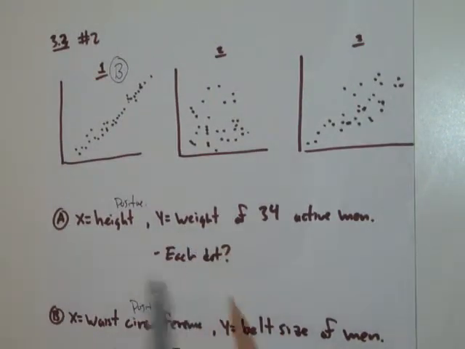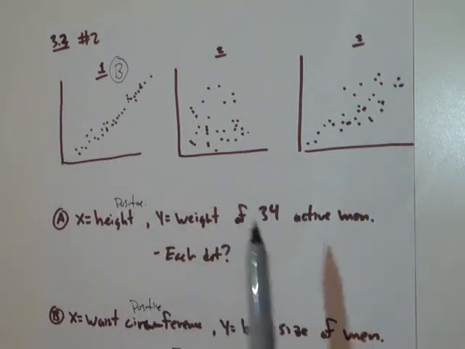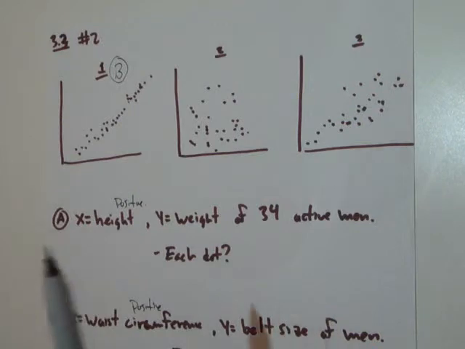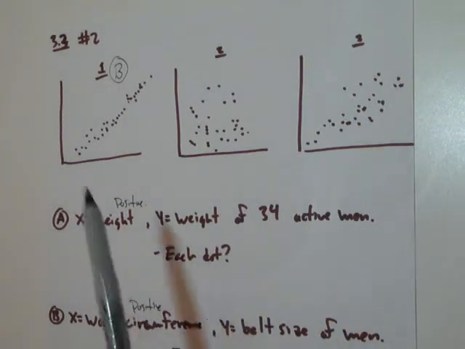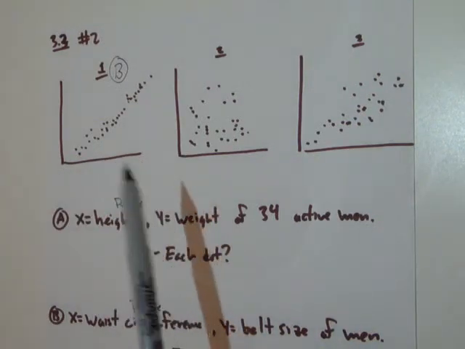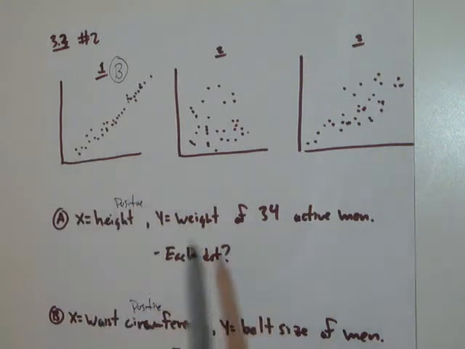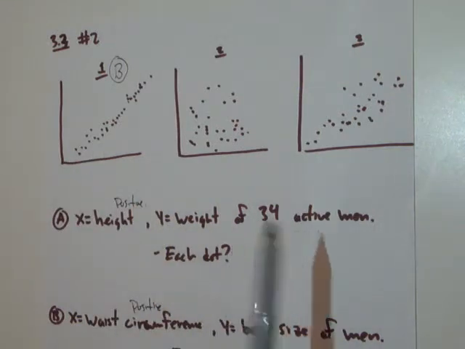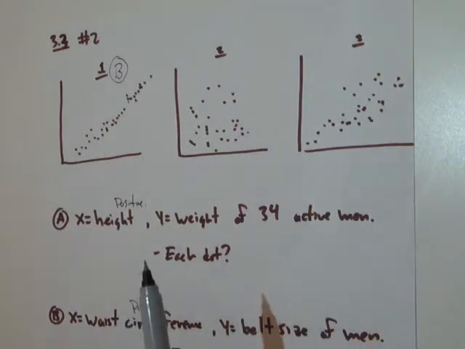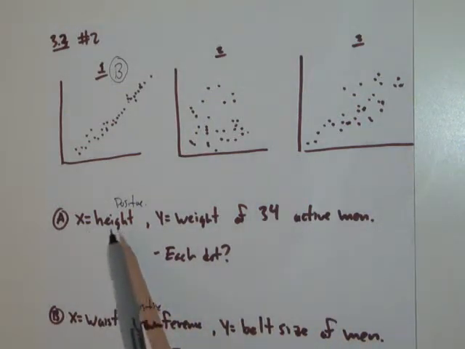Now, height and weight, it also works. As you get taller, you also weigh more, but I don't think it's as cause and effect. Even though this one isn't really cause and effect either. I mean, technically we can't say it's cause and effect, but for this one, it's not exactly one is making the other one happen. Because you can have a very tall person who doesn't weigh that much.